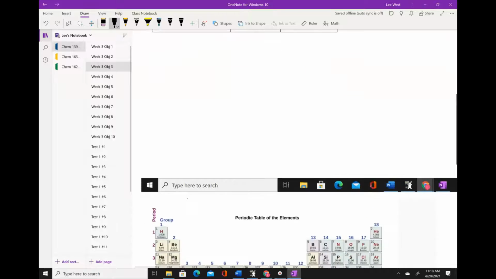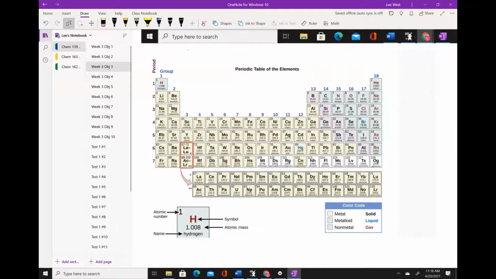So we need to find element 92, which is the last naturally occurring element. It's uranium, right? So a couple of things about the periodic table. Every element that is bigger than bismuth is radioactive, and every element that is bigger than uranium is artificial.